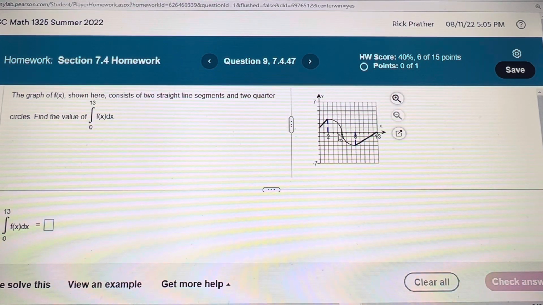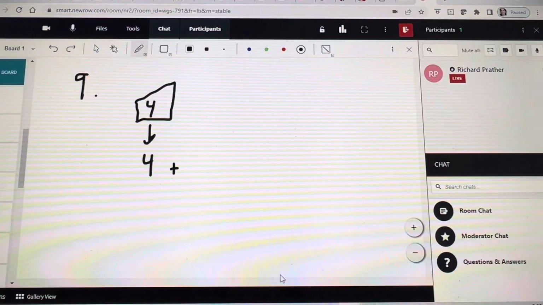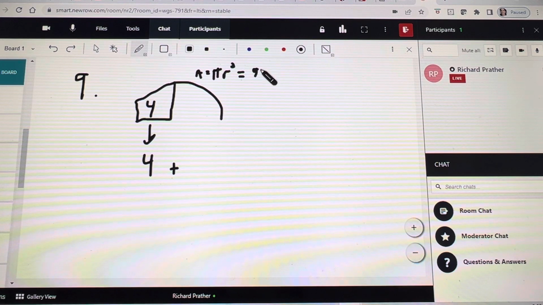This is a circle with a radius of 3, because notice it's 3 this way and it's 3 that way. So if you had the whole circle, it would be a circle of radius 3. Area of a circle is pi r squared. The entire circle would be 9 pi area because 3 squared is 9. But since we're only doing a quarter of the circle, then we do 9 pi over 4.